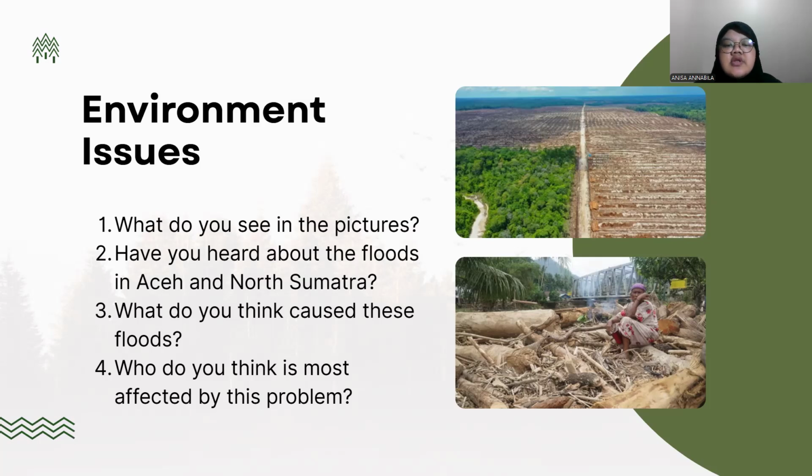And next, who do you think is most affected by these problems? That's right, human or local communities are the most affected by this problem. But you need to think more about who is affected by this problem. It's not only local communities, but also animals.